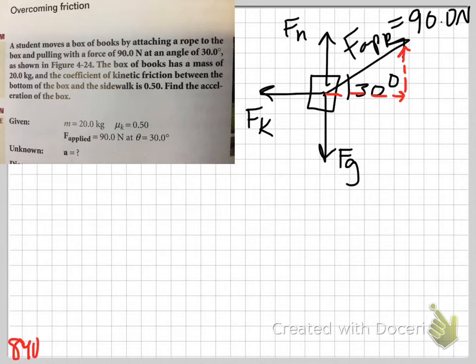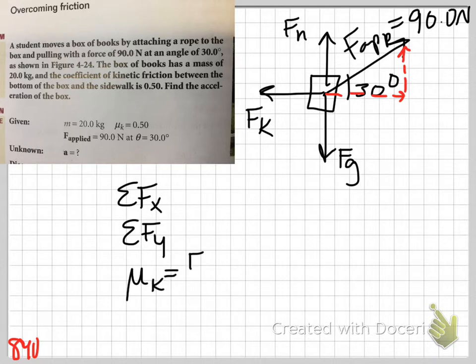Okay, so we want to know the acceleration of the box. Well, what equations do we have to work with here? We have sum of forces on the x, sum of forces on the y, and mu k equals Fk over Fn. Where's our acceleration going to occur, on which axis?